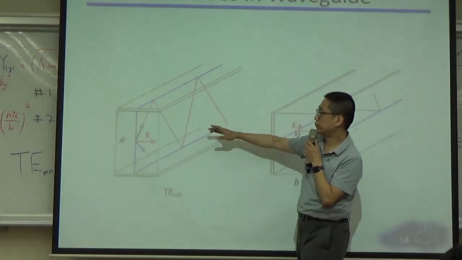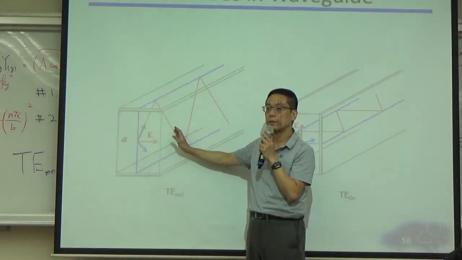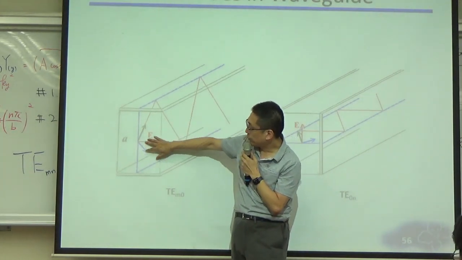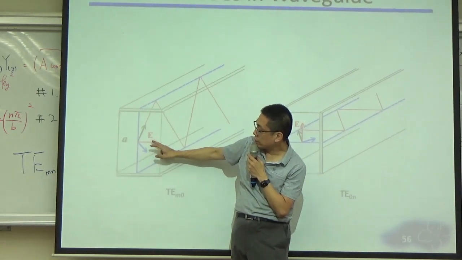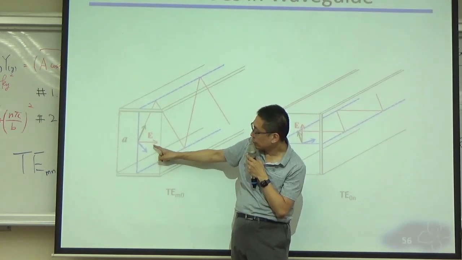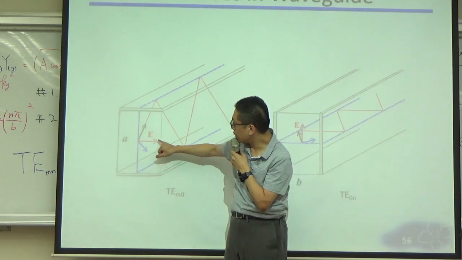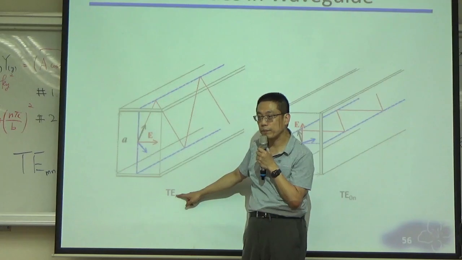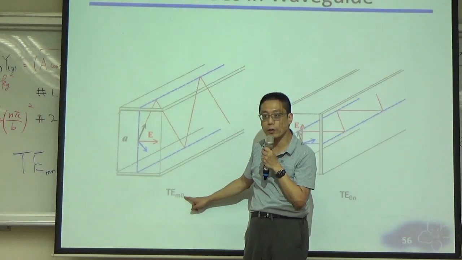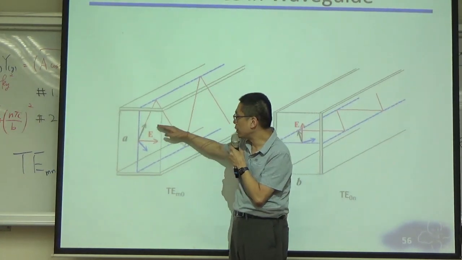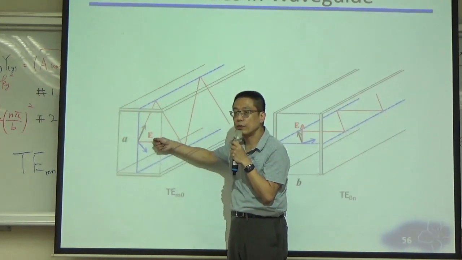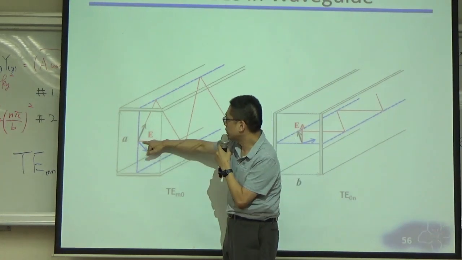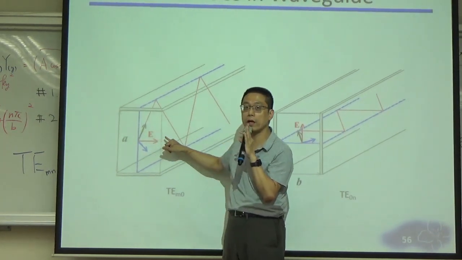This is how the wave propagates in the waveguide. Carefully see this picture. So if it is a TE mode, maybe 1 mode or 2 mode, m mode, it means you have your E field in this direction. For your E field, it's okay.